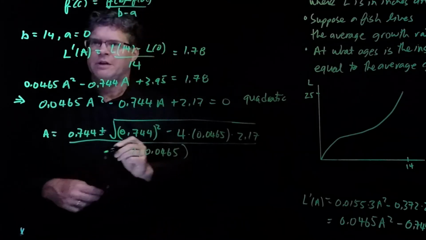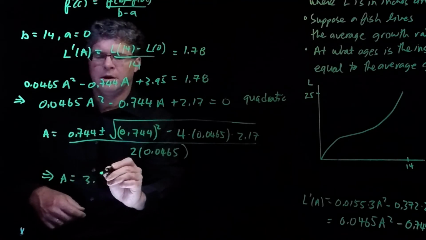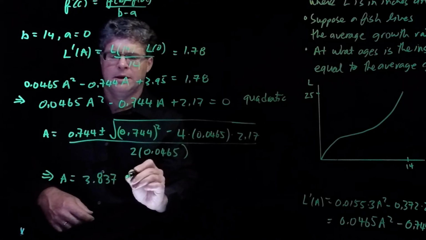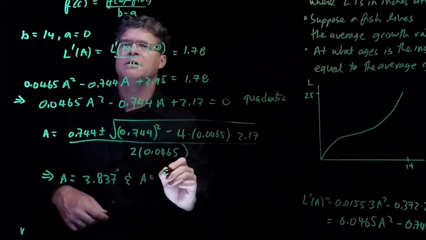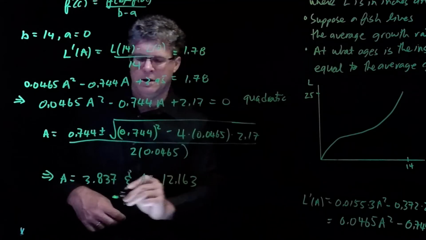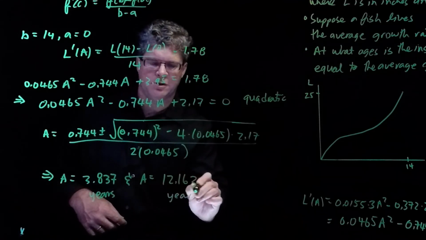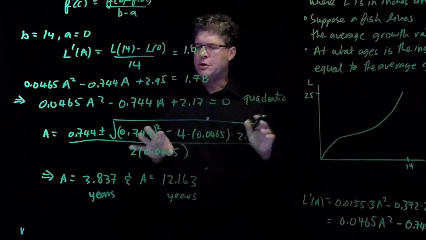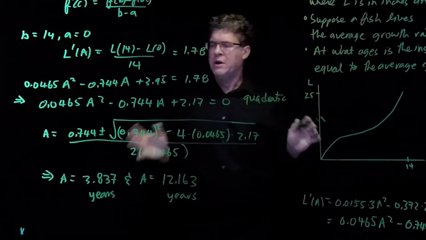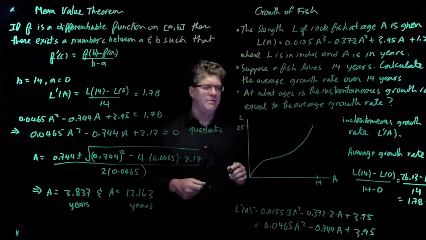If we put this on the calculator, this gives a equal to 3.837 and a equal to 12.163, and these are both years. So at just under 4 years and just over 12 years, the instantaneous growth rate for the fish is equal to the average growth rate over its entire life.